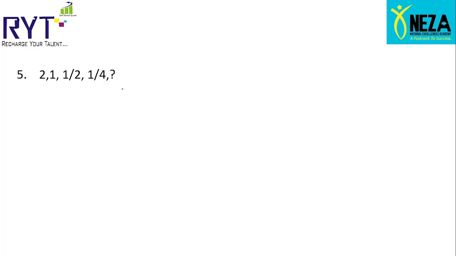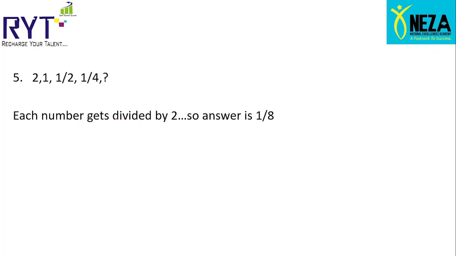When we observe this carefully, this number is actually getting divided by 2. That is, first number 2, when it is divided by 2, becomes 1. 1 gets divided, becomes 1 by 2. 1 by 2 again, if I divide it by 2, becomes 1 by 4.